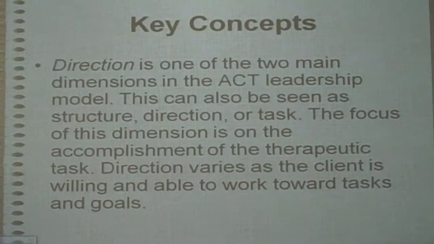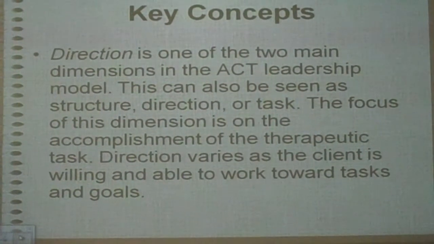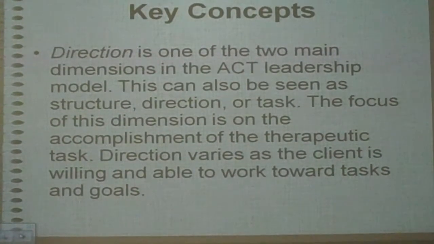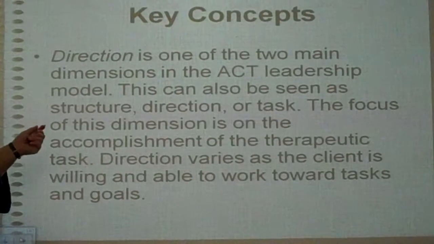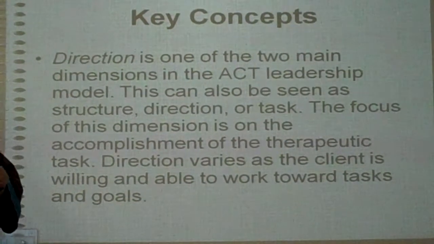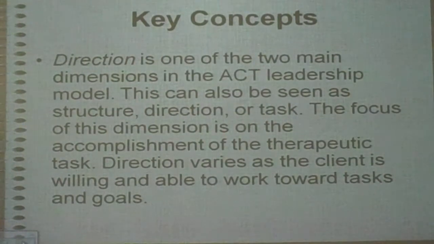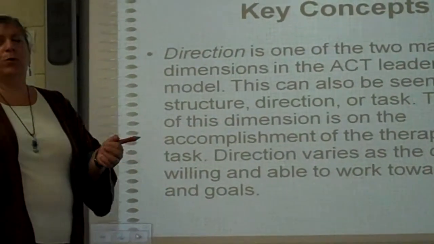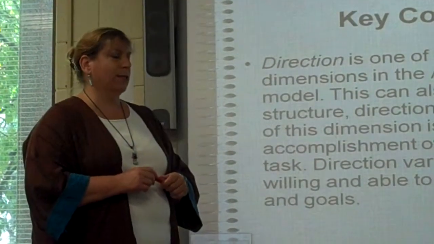So again, direction is one of the two main dimensions of this adaptive counseling and therapy model. It can also be seen as structure, direction, or task. And the focus is on the accomplishment of whatever goals or tasks that clients set in their work as clients.